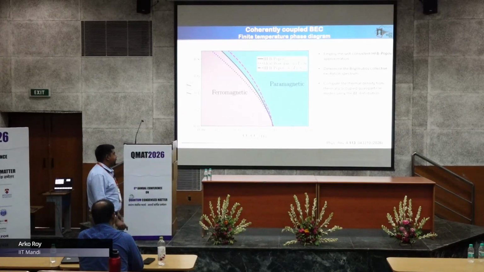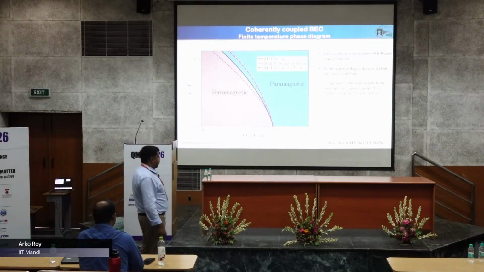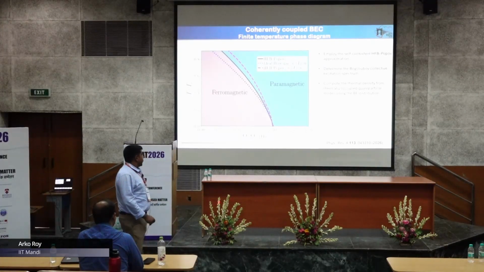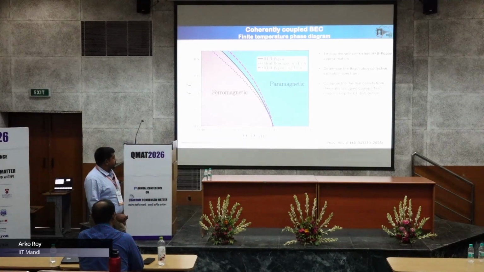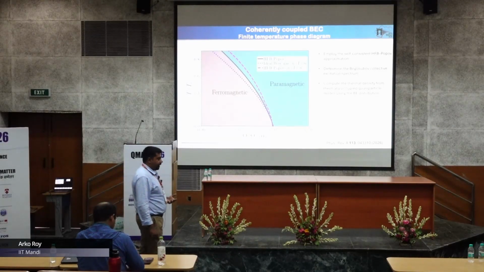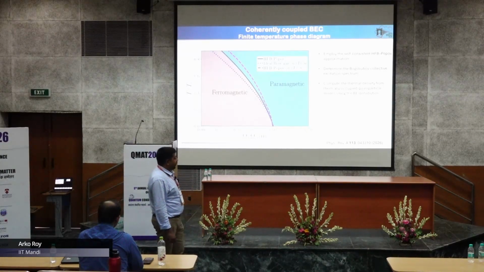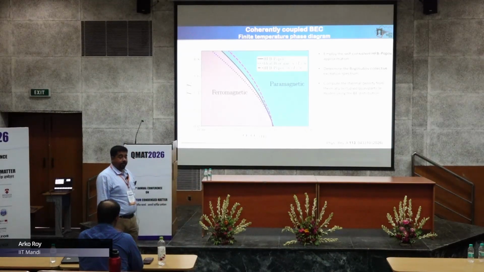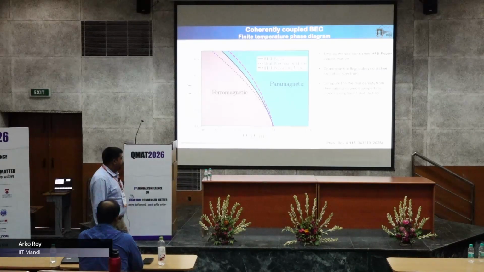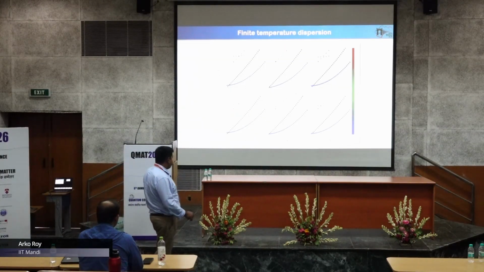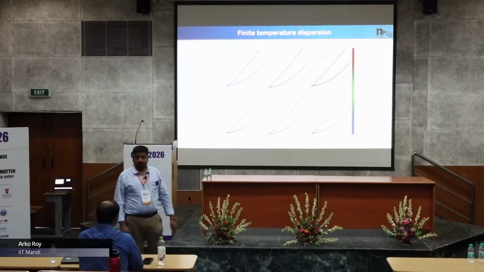Not surprising, but it is just to prove that indeed our system is behaving like a transverse field Ising model system. For this we use the self-consistent Hartree-Fock-Bogoliubov approximation: we first determine the Bogoliubov excitation spectrum, and we compute the thermal density in a self-consistent manner and give proper weightage to the quasi-particle modes depending on the Bose distribution function.